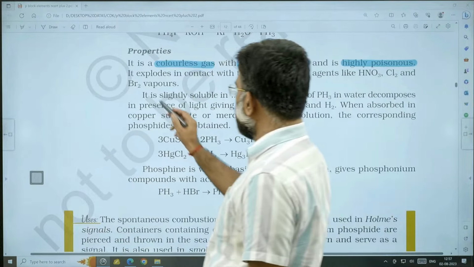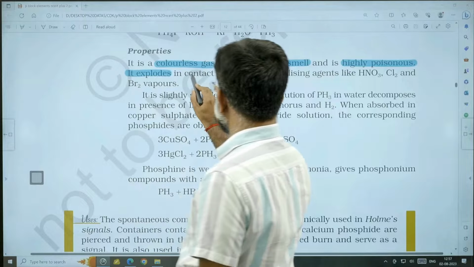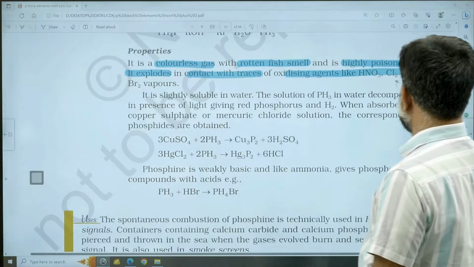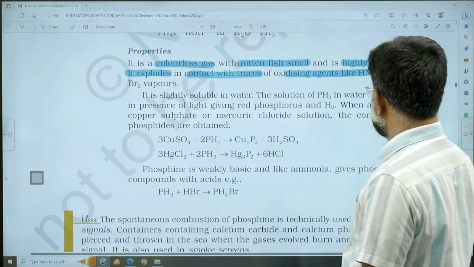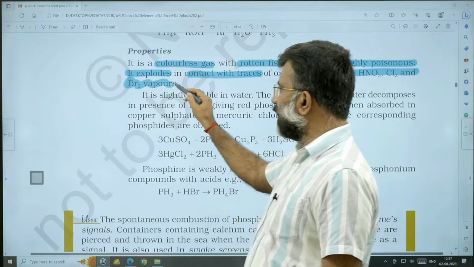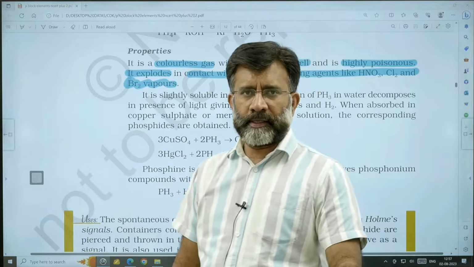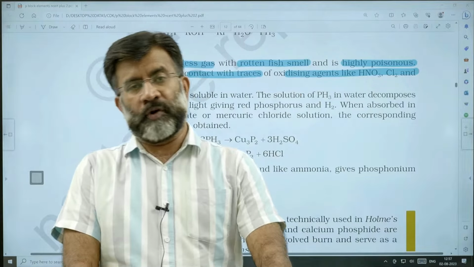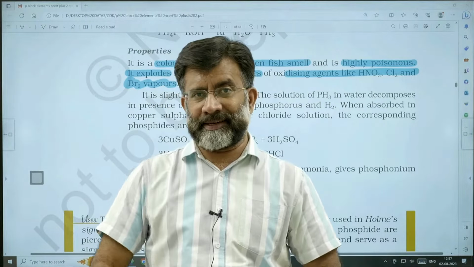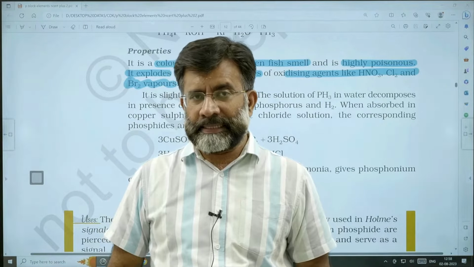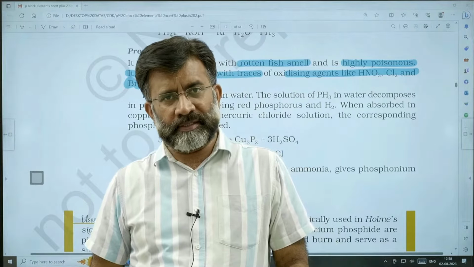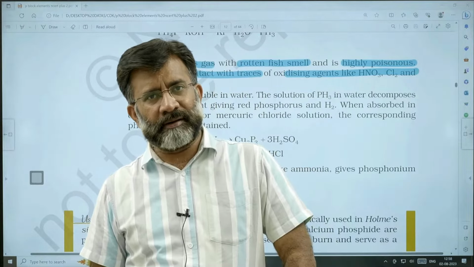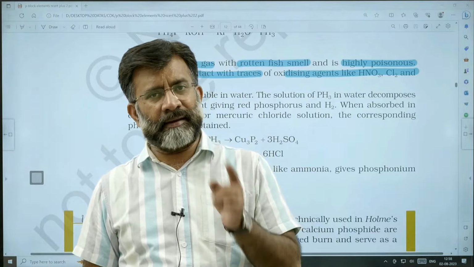It explodes in contact with traces of oxidizing agents like HNO3, chlorine, bromine vapors, etc. Right? So, phosphine is a very good reducing agent, even better than ammonia.